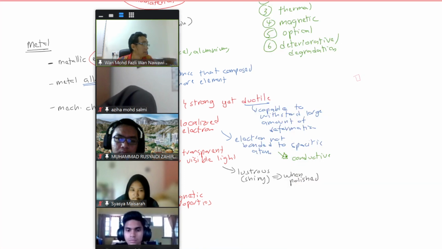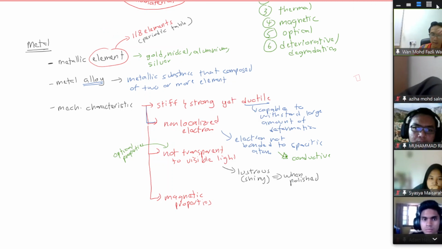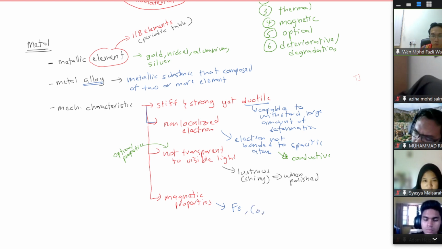So what metals have this magnetic property? There are three famous ones. Typically ferrum, which is iron, then cobalt, and also nickel.